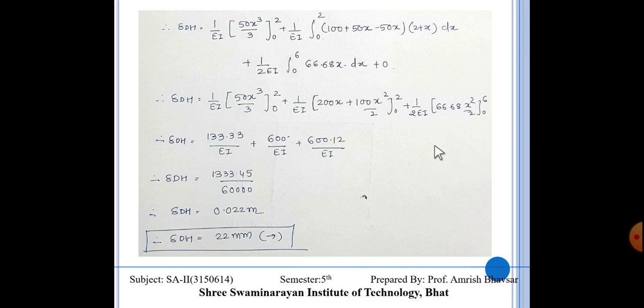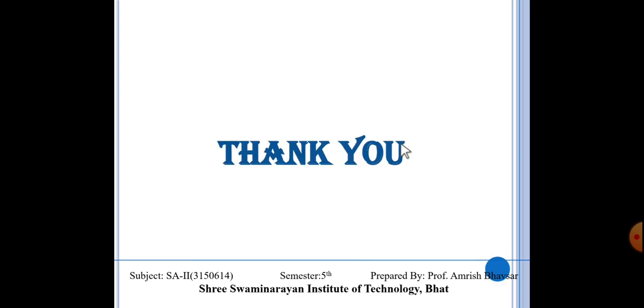Now onwards, from the next lecture, we are going to analyze continuous and indeterminate beams with the help of Castigliano's second theorem. And we know what Castigliano's second theorem is, so first you have to refer to the theory part of it. Then we can solve the example in our next lecture. Thank you so much.